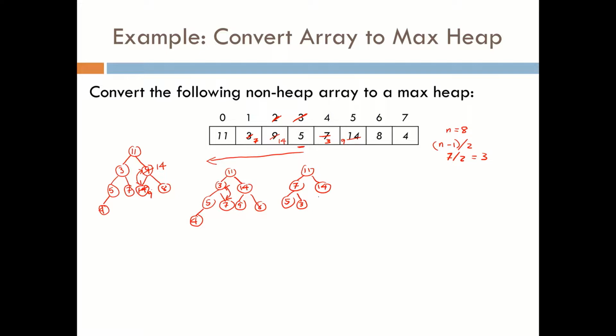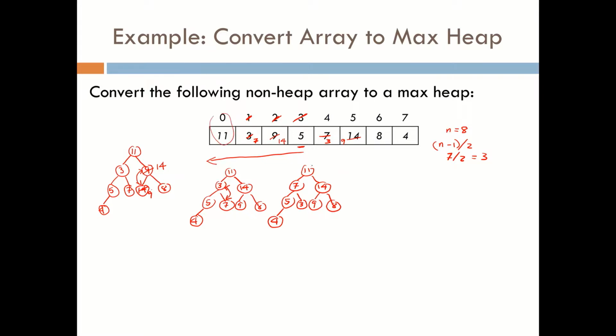We swap these two, the 9 and the 8, and finally the 4. At this point we swapped the 3 down. We would continue to try to heap the 3 down, but it's already at the leaf, so that heap down terminates. And we have now decremented one more time, and we're now here at the 11.